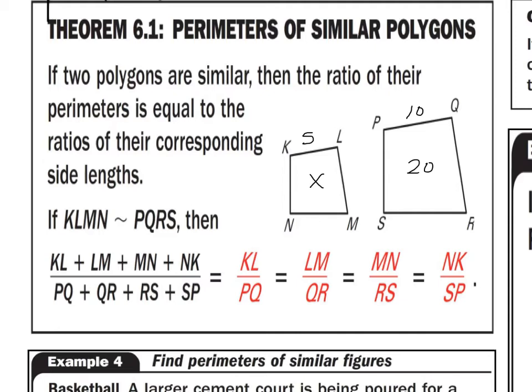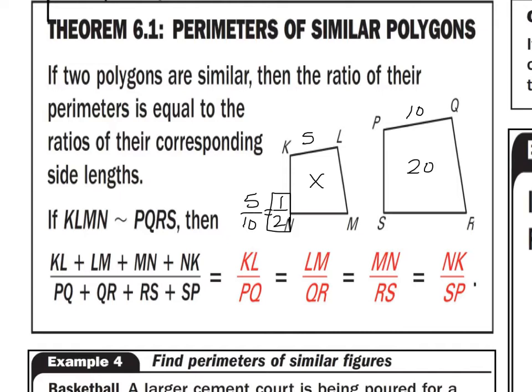Now, we use the scale factor here. I know they're similar, so I know the corresponding sides are proportional. So in this case, I would have 5 over 10, which would be 1/2. This is my scale factor for this situation.